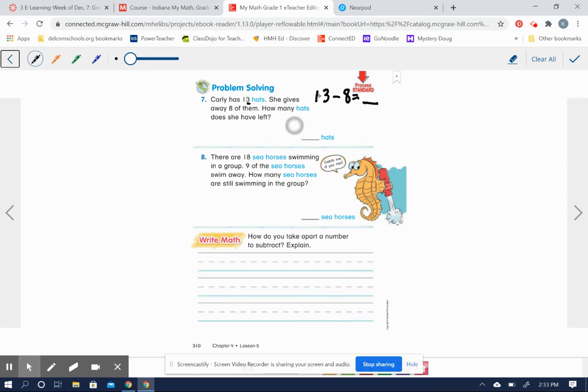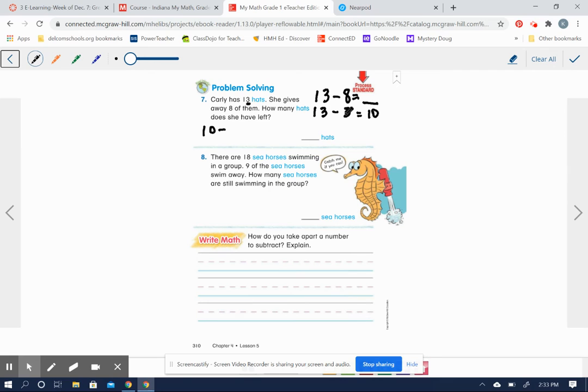All right, so if we're going to subtract 3 from 13, to give us our 10. Now we have to subtract from 10. Start with 10, and we're going to subtract what other number?